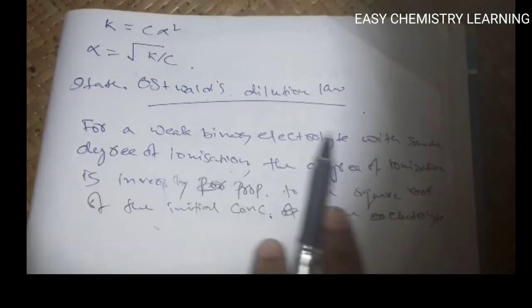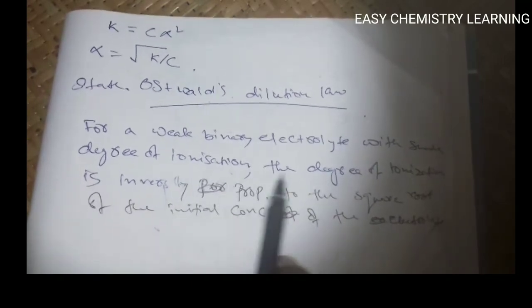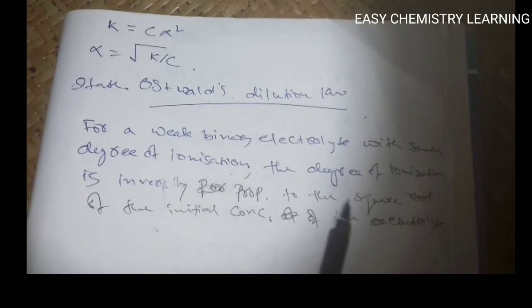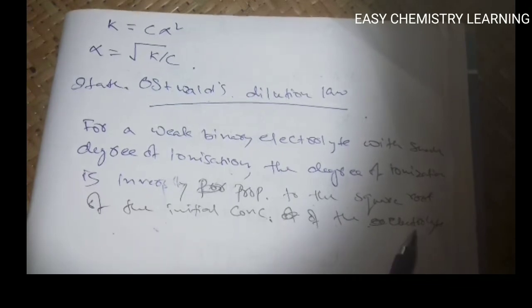So for a weak binary electrolyte with small degree of ionization, the degree of ionization is inversely proportional to the square root of the initial concentration of the electrolyte.